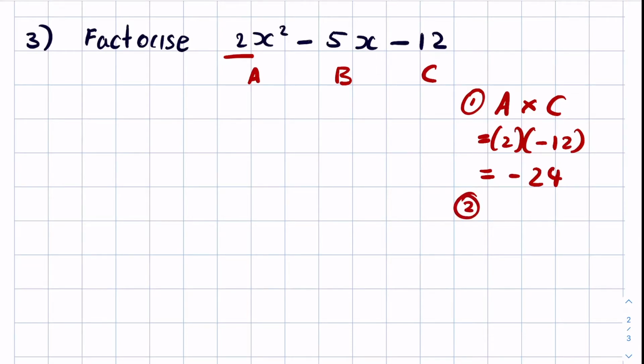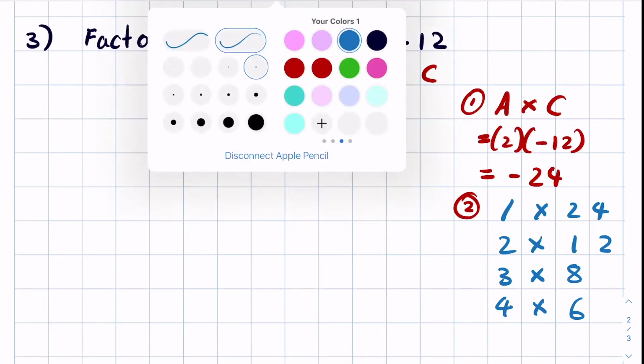Step 2 is to find the multiples of this. So we can have 1 times 24, 2 times 12, 3 times 8, 4 times 6, and that's our options. And each of them can be plus or minus.